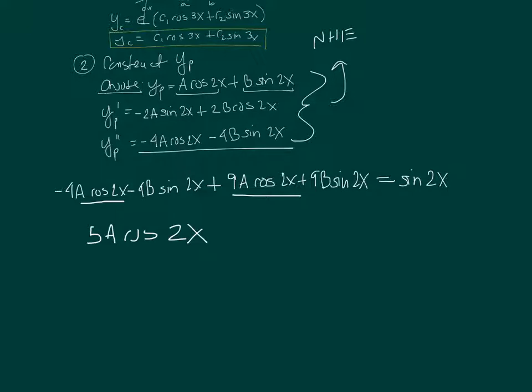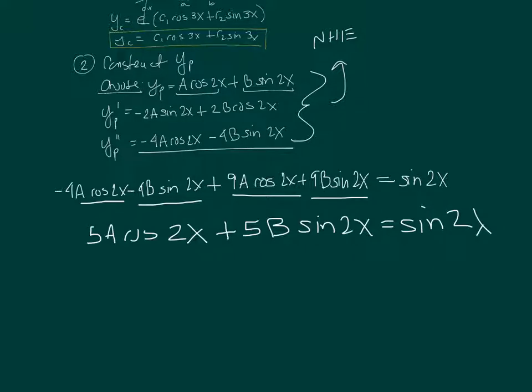And then we have sine 2x, so 9b minus 4b is, again, 5b sine 2x. Okay, so let's equate these coefficients. We definitely have sine 2x and sine 2x, so we know that 5b is going to be equal to 1.